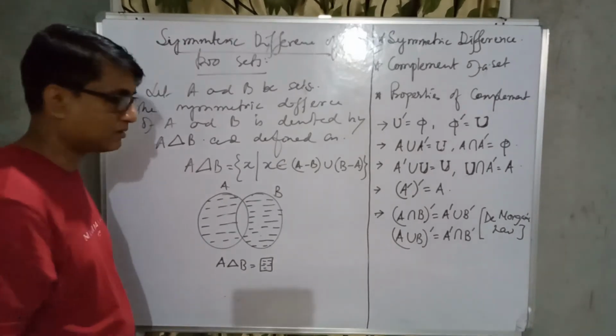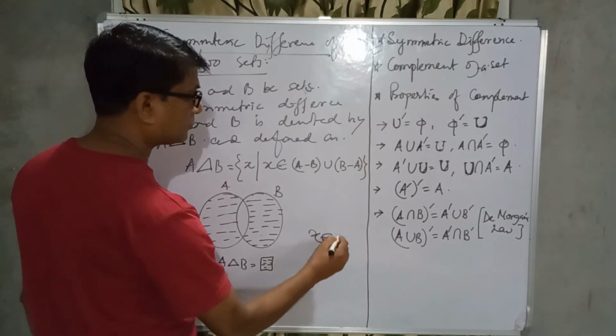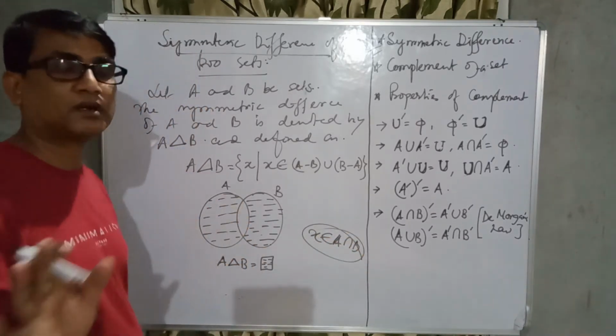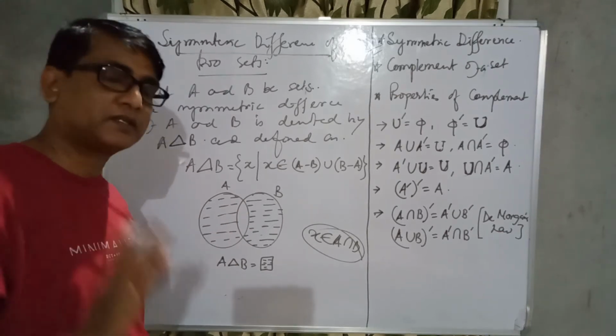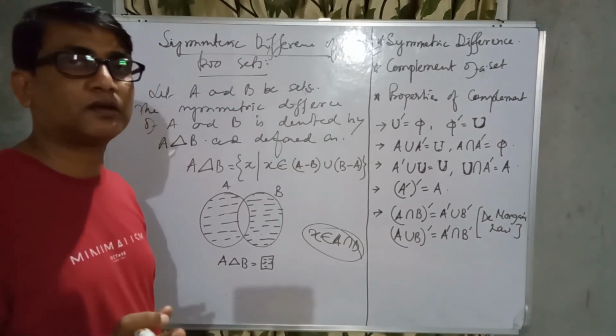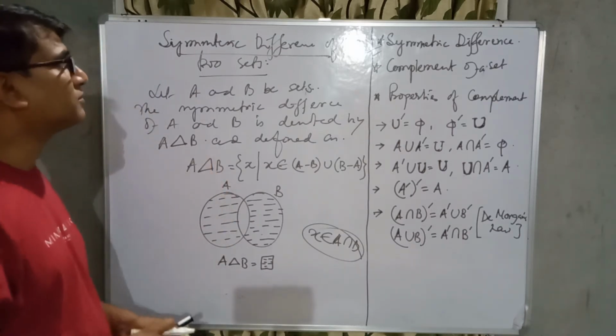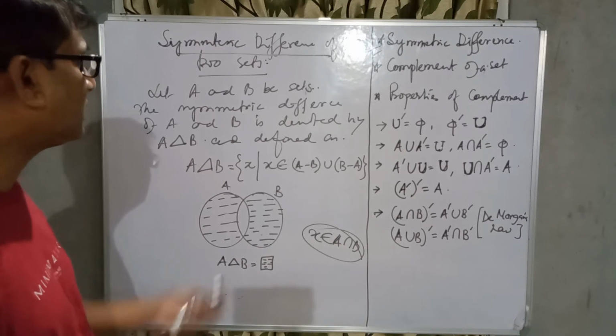That means x does not belong to A intersection B. Be careful, A intersection B cannot be included. This is the union of A minus B and B minus A, known as the symmetric difference of two sets. Clear?